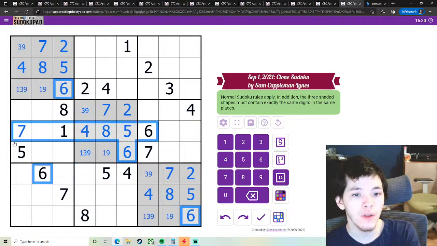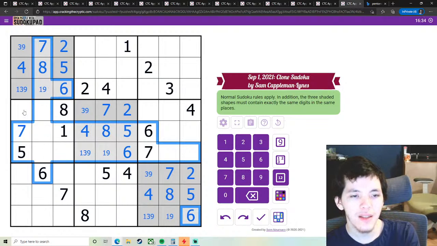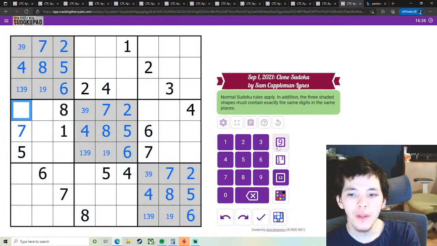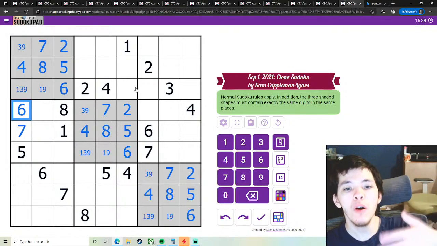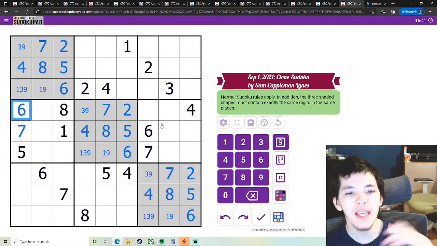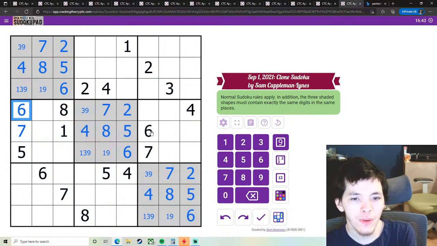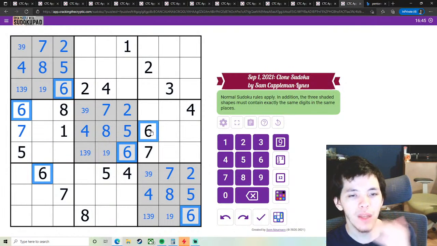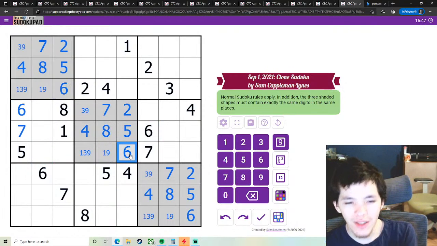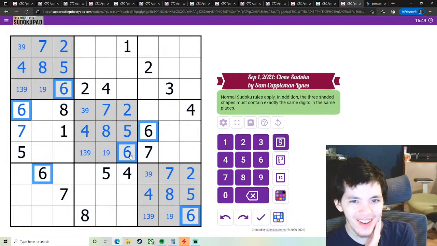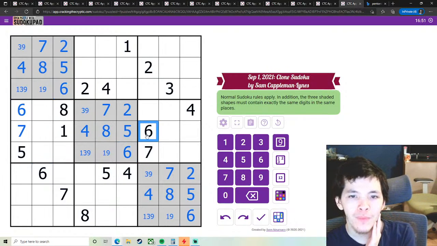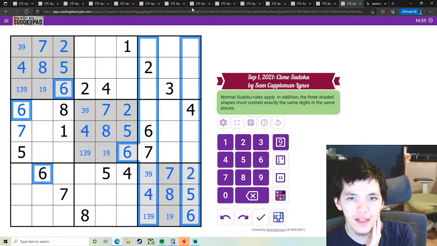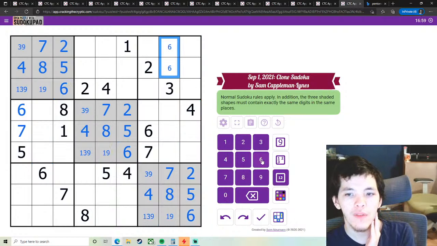You really never know. So yeah, here I'm crossing out all the places that 6s cannot go, so I know a 6 goes here. Most of what I'm doing right now is what you see in basically classic Sudoku. So I just love that even though these are unique, you're still doing Sudoku puzzles. It's just really fun. So here's a really good spot because these 6s cross out all of these digits here, so it has to be one of those.